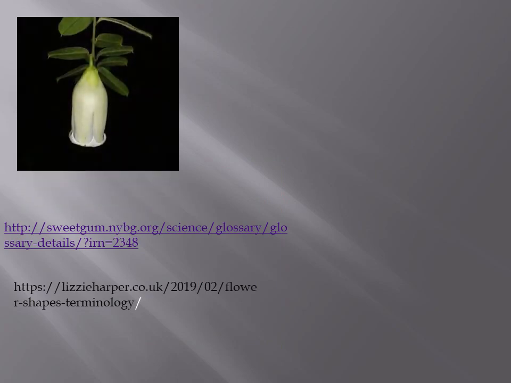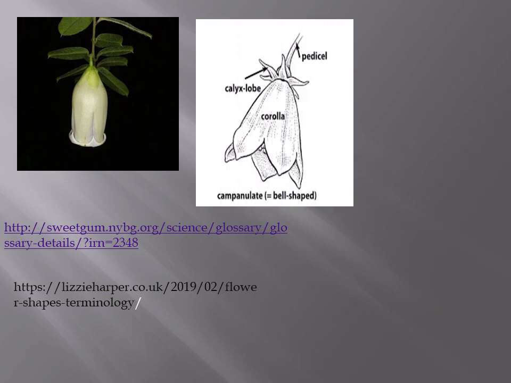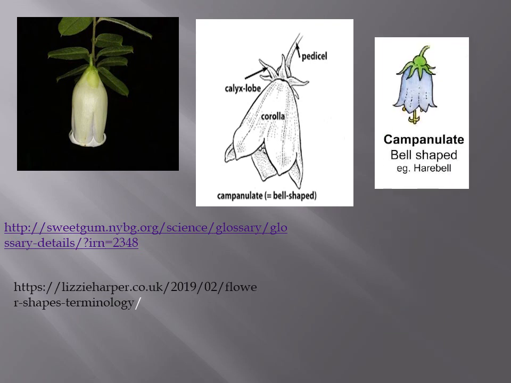Campanulate means bell-shaped, so the corolla is bell-shaped. For example, in the harebell plant, the campanulate or bell-shaped petal is present. The links are given below.